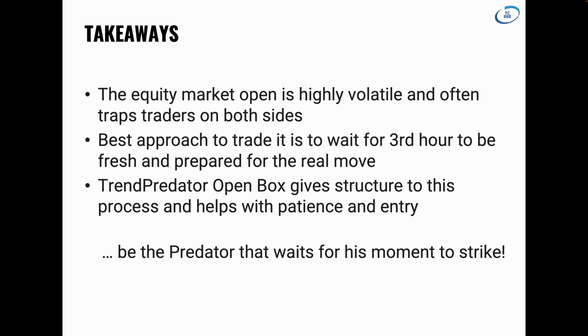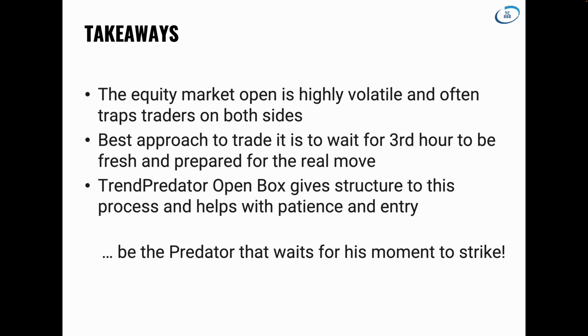Takeaways. The equity market open is very volatile and often traps traders on both sides. So the best approach to trade that is to be patient and to wait for this insanity to cool down. You wait for a third hour and then you are fresh and prepared for the real move.